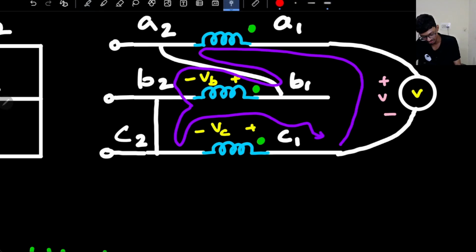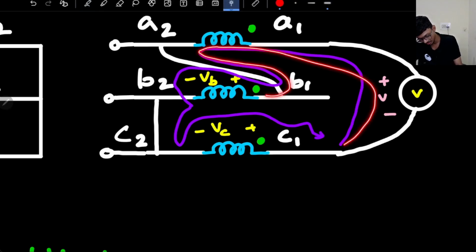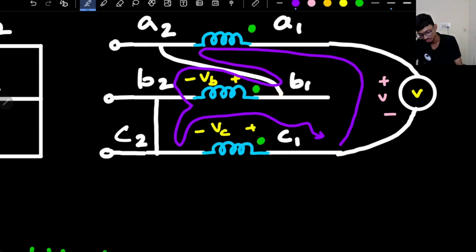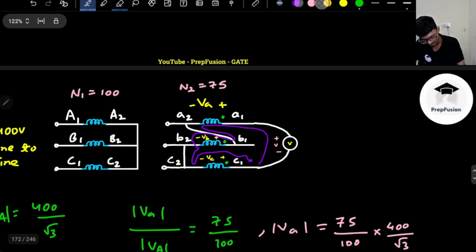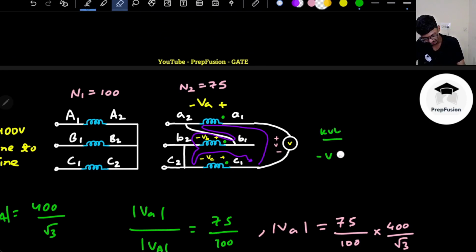Basically what is the flow? First I will encounter A coil, then I'm encountering the positive side of the B coil, then the negative side of the C coil. So I'm just applying simple KVL: minus V plus VA plus VB minus VC equals 0.